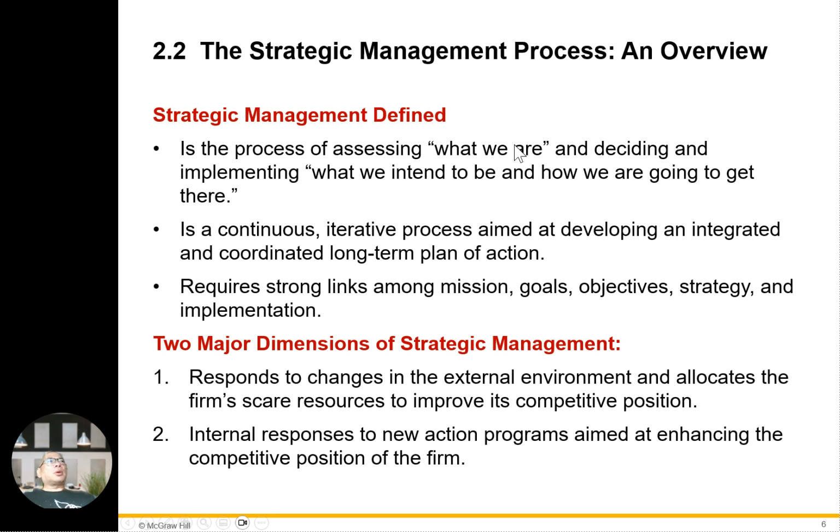What we are: a fixed income ICI team system. What we intend to be and how we're going to get there: the upgrade to a higher version, let's say from 1.0 to 2.0, and we have to get everything in place.